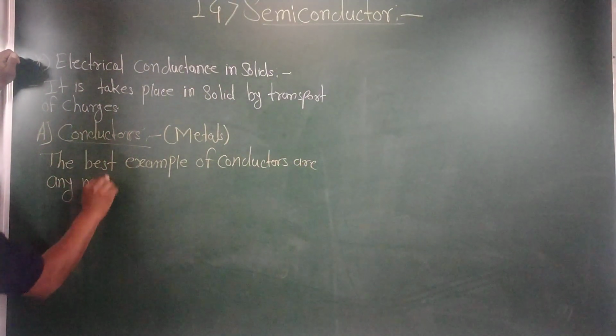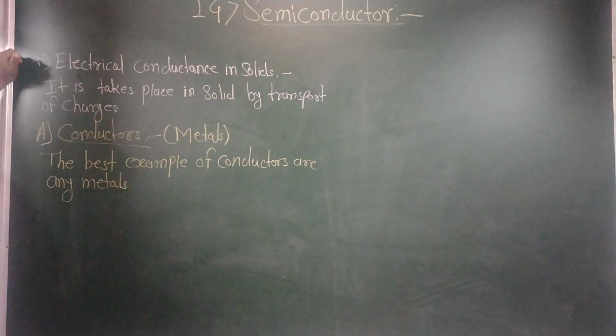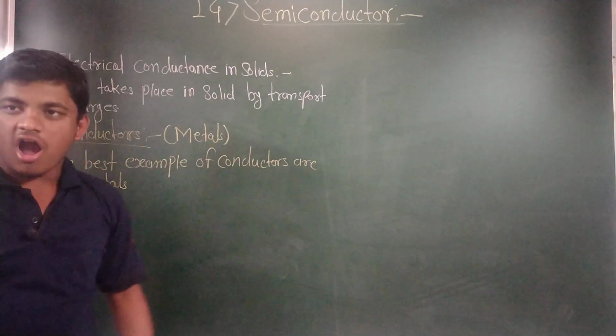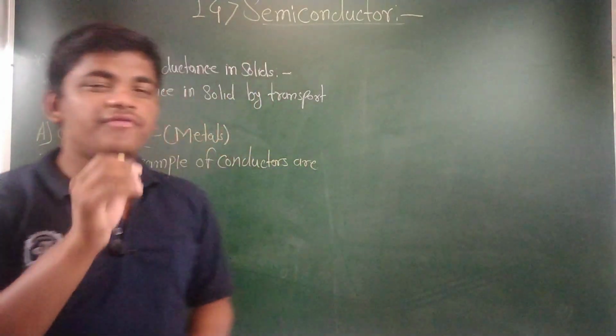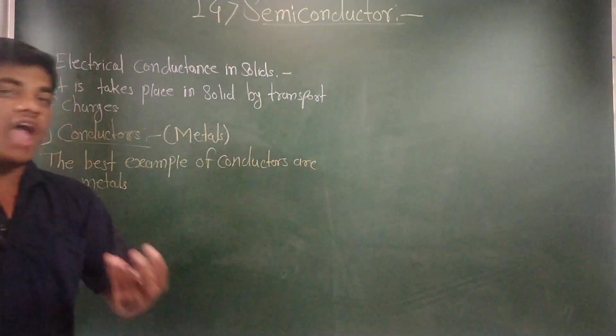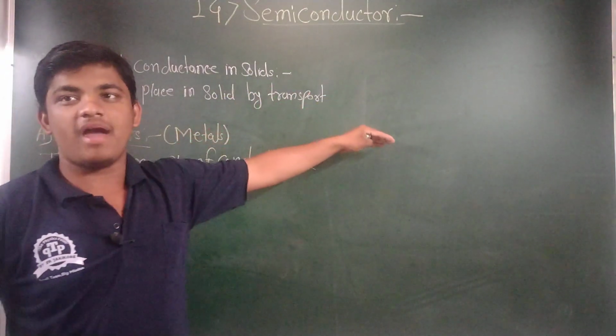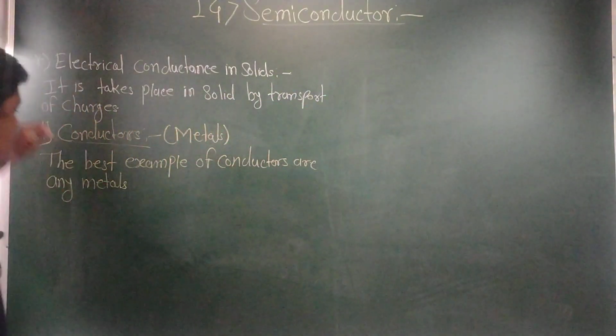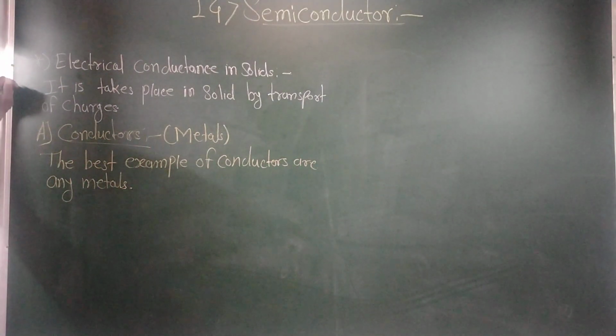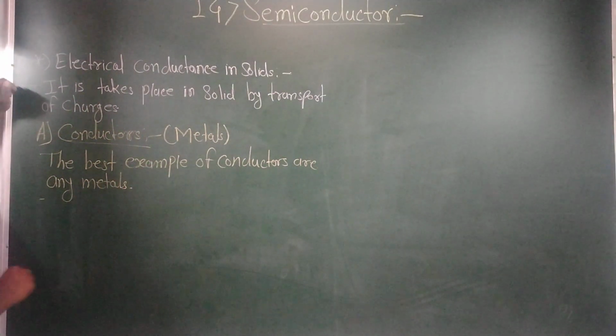Any metals are good conductors, the best conductors. A large number of free electrons are available in the conduction band. This is the main reason why metals are good conductors. Why are they good conductors?